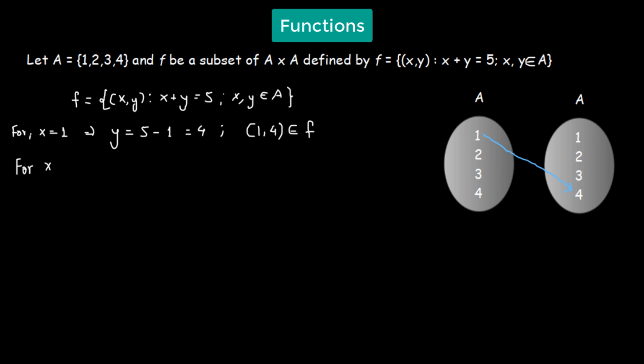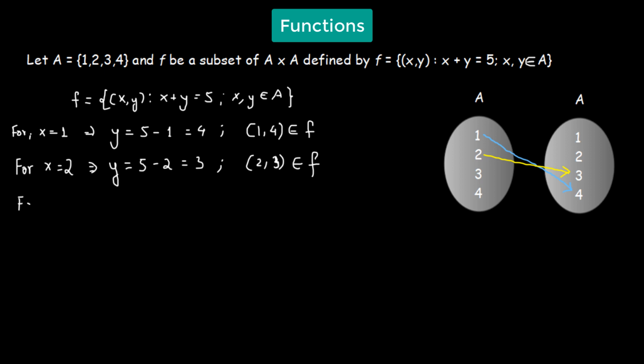For x equals 2, we have a corresponding y value of 5 minus 2, which is equal to 3. The ordered pair (2, 3) is valid because the sum is exactly 5, so it belongs to set F. So 2 is uniquely mapped to the element 3 in the second set A.